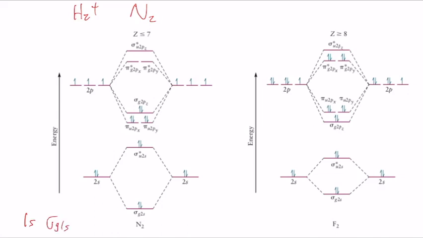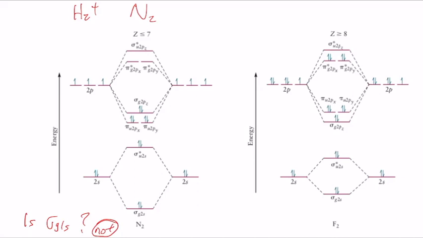And do we need to worry about those correlations? The answer is no. We don't worry about the 1s's. And the reason is that the 1s orbitals shrink quite a bit and they don't participate in bonding for second and higher row diatomics.